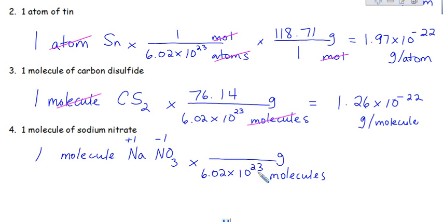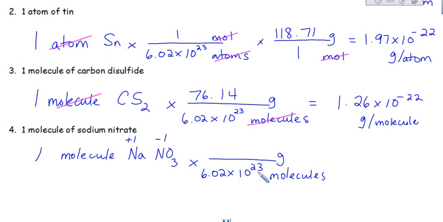And the mass comes off my periodic table. I just need to add. This will be sodium plus 1 nitrogen plus 3 times oxygen. Only 3 for the oxygen. The only time I would distribute the 3 is if maybe nitrate were in parentheses and there was a 3 outside the group. I only have 1 group of nitrate.